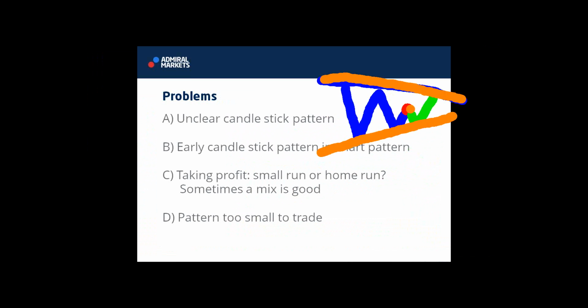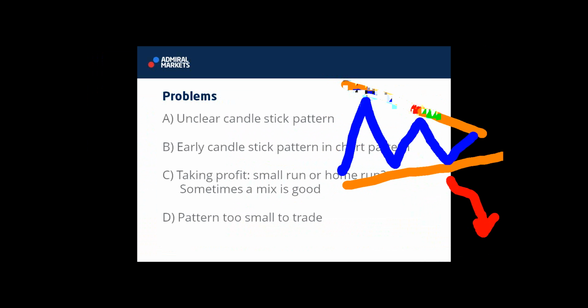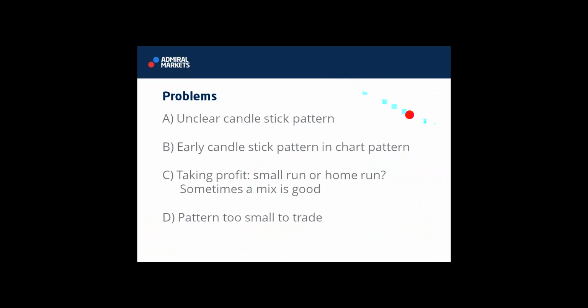Other things: taking profits, whether you go for a small hit or a bigger hit. Let's say you position yourself at the top of this contracting triangle like that. Do you aim for the triangle bottom or do you aim for the break? It's not a problem, it's something to think about. A mixture could be good. It depends. As a rule, if you've got several hits, like 3-4 hits on the top of a flag, I would let it run.